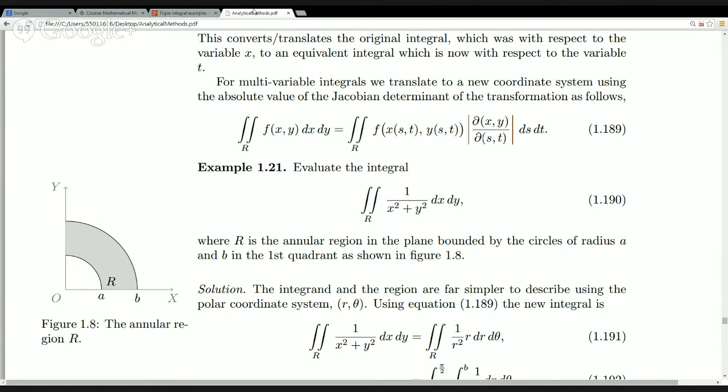So this is the value of the Jacobian: minus r squared sine phi. So it's the absolute value of that which is going to go into any examples we use looking at triple integrals. So we can do the same thing for the cylindrical coordinates.